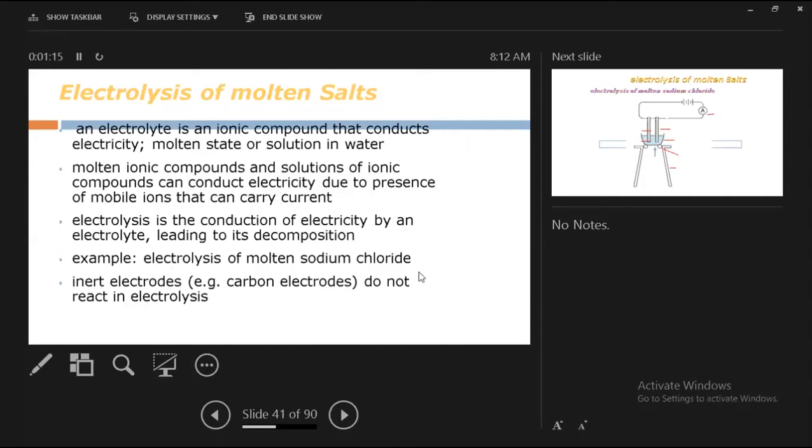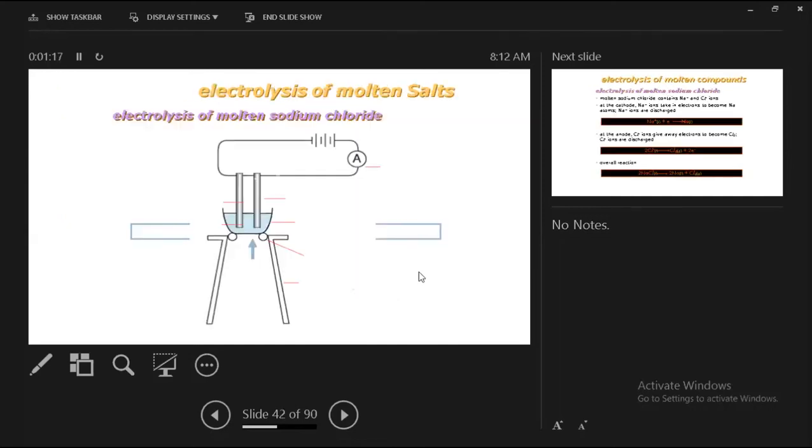All right. So let's look at an example. Let's look at the electrolysis of molten sodium chloride. Sodium chloride, the salt, has to be melted first, as you can see in the diagram. Once heat is applied, then electricity will be switched on.